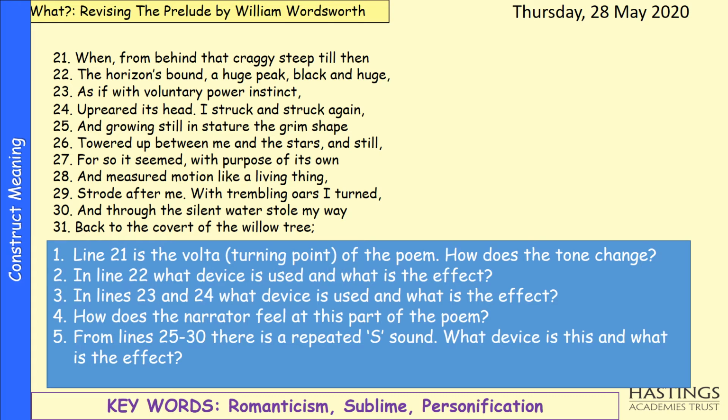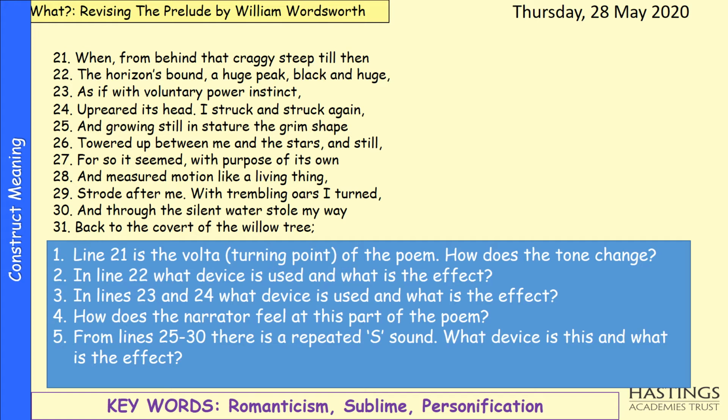Question 3, in lines 23 and 24, what device is used and what is the effect? So line 23 and 24, we've got as if with voluntary power instinct upreared its head. So what we've got there is some personification of the mountain.